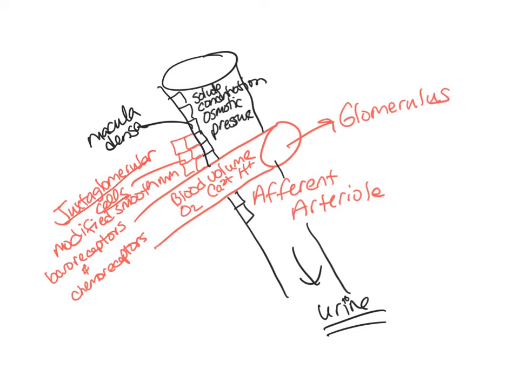Okay, now another thing that those juxtaglomerular cells do, besides monitoring what's going on in that afferent arteriole, is that they will secrete renin. This is a very important hormone because when it gets secreted, it's going to increase your thirst, because renin goes to the hypothalamus and stimulates your thirst center.